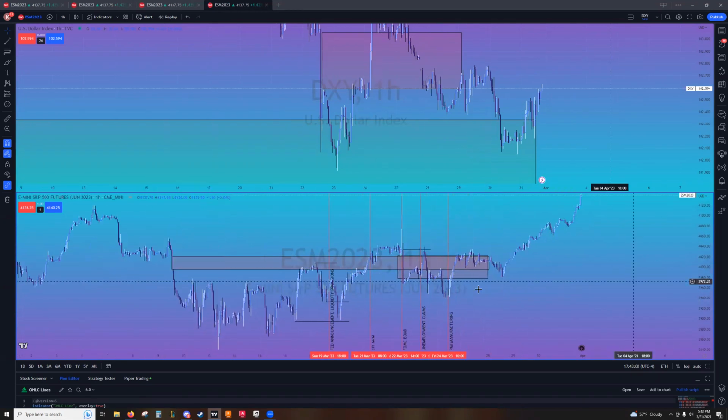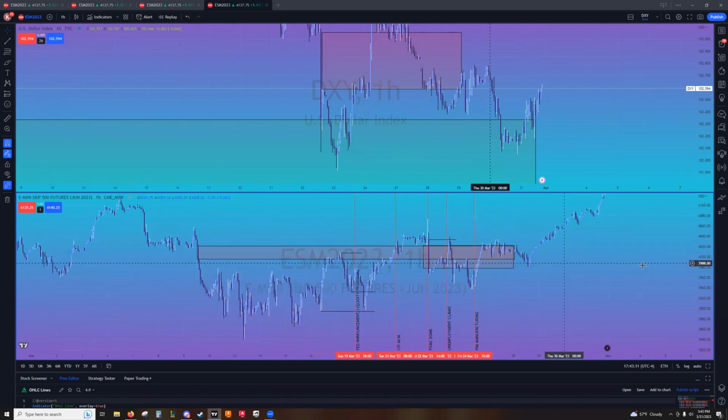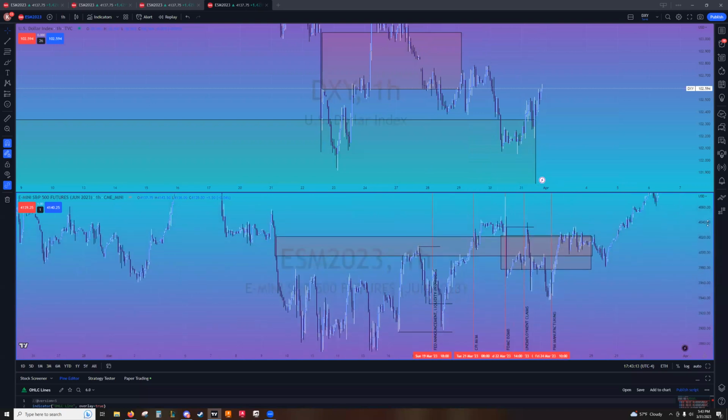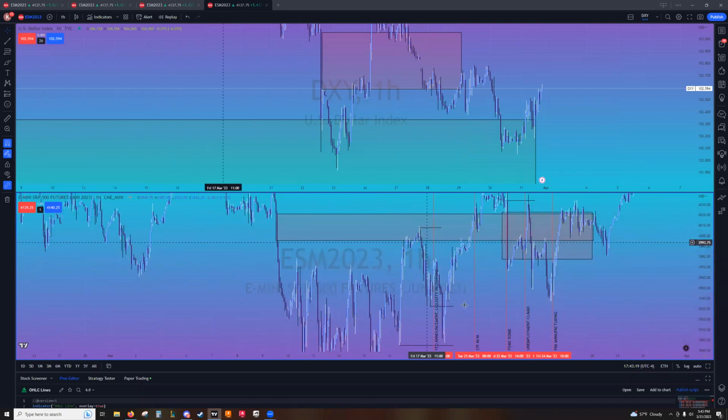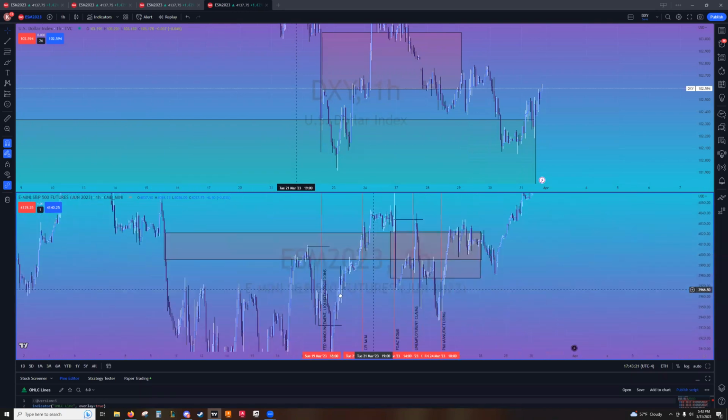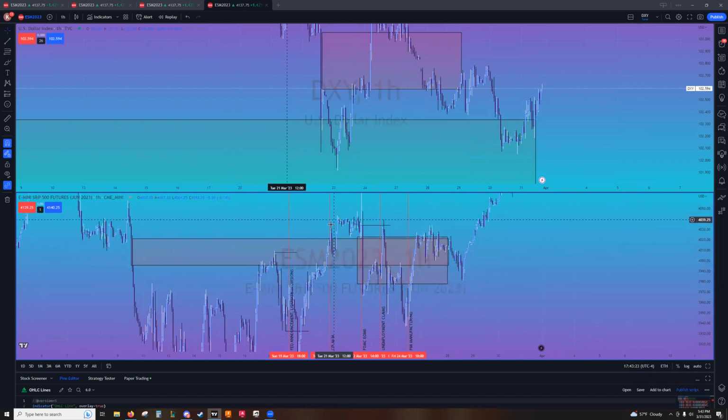So basically, we had some points of interest. Essentially, this is an inefficiency on the 1 hour chart. This gap right here is to be considered throughout the week and how price has played off of it.